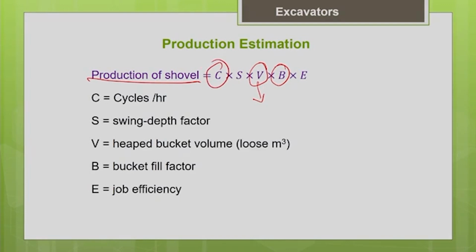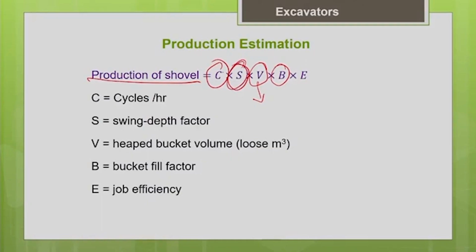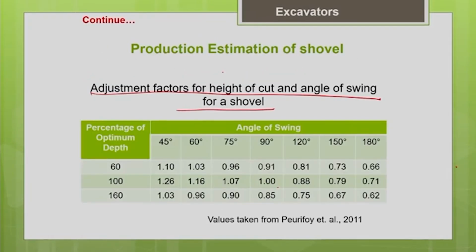Another important thing we are supposed to do is to adjust the productivity based upon the swing depth factor. Swing depth factor depends upon the actual height of cut of the material in your project site and the angle of swing between the truck and the excavator; you have to apply the correction factor. So, I hope you remember this table which I showed you.